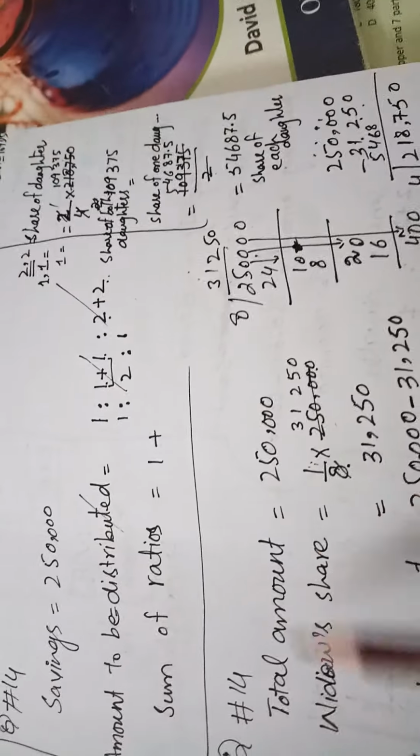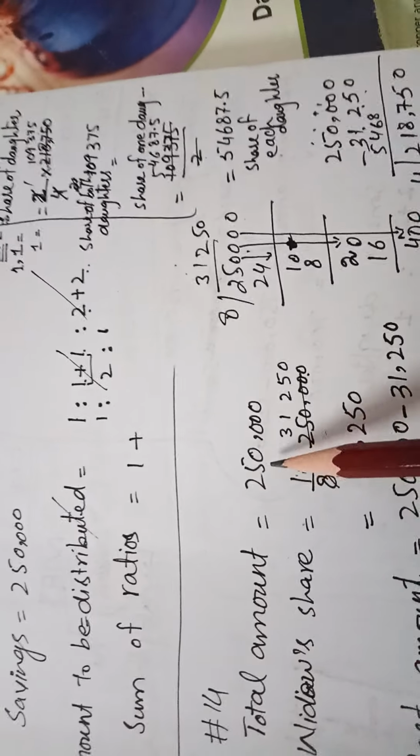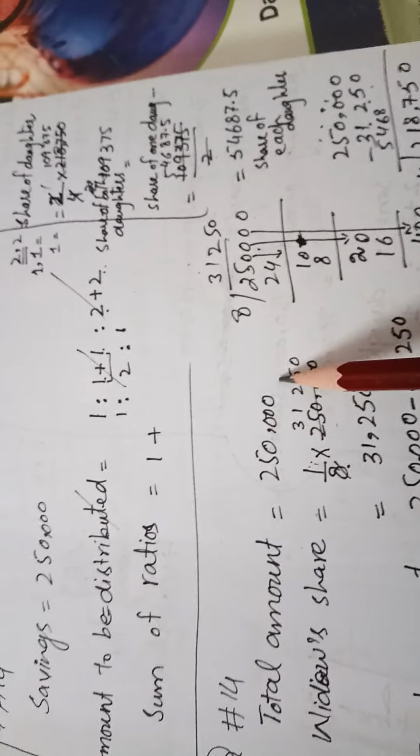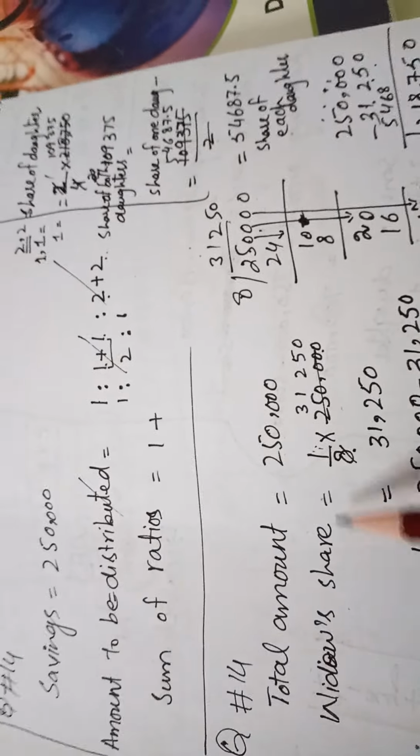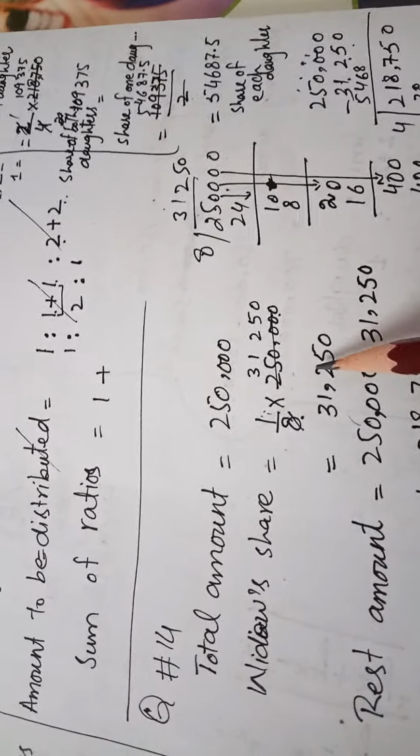The total amount that he left was 2,500,000. As you know, the widow's share is 1/8. The share of the son is twice, the share of daughters is single, and the share of the widow is an 8th part.